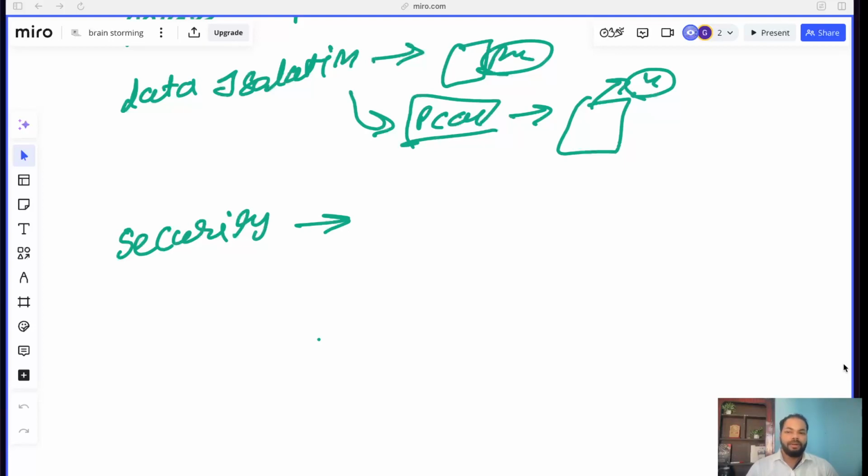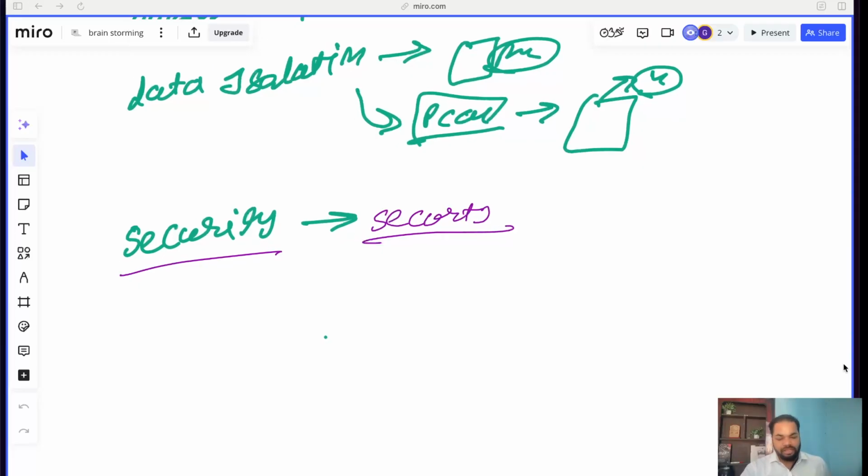The other ones you can leave as they are, because you are confident that this data is not that useful or that severe for the company. That's how you can improve the security, because now you only have to secure one or two partitions in which your severe data is there.